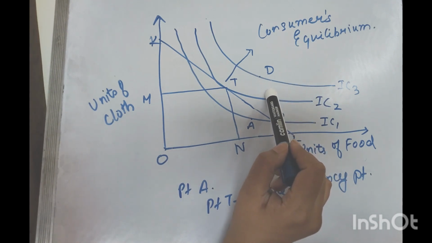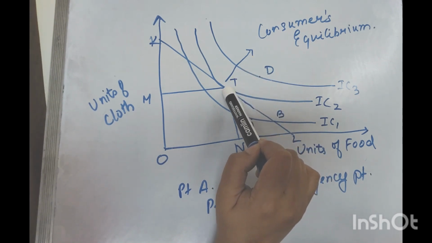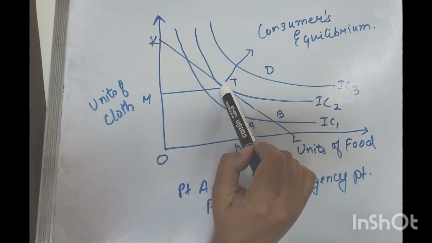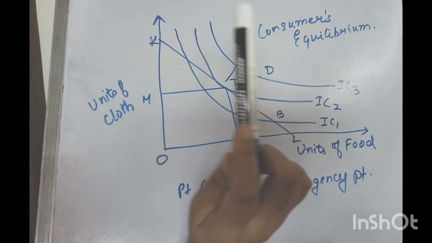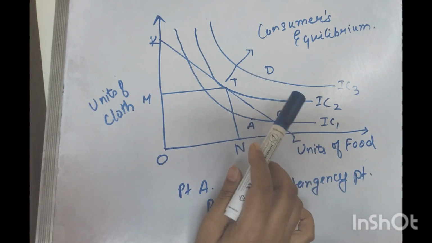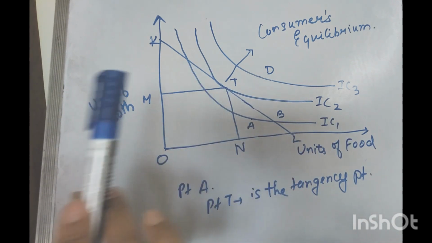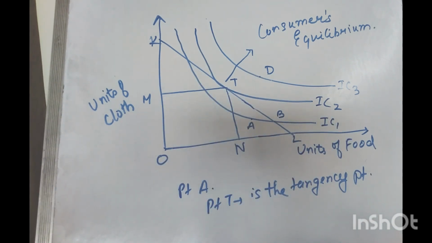That means the consumer equilibrium can be attained only at point T, which is within the budget line and lies on the higher indifference curve. At this point the consumer will maximize his utility. Point D also cannot be the equilibrium point. Only point T can be the equilibrium point, because all the conditions are fulfilled at point T.